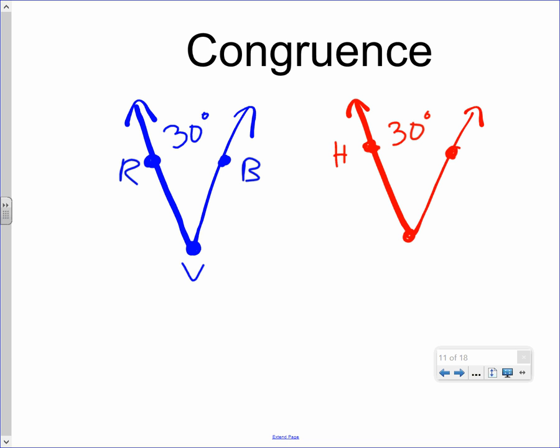So on your notes, put a squiggly, like a line to divide the notes into a new section. Still the same notes, but I want to talk about this concept of congruence. And then go ahead and draw two angles here, just like the way I did. Write the word congruence, because no one in here really knows what it means.